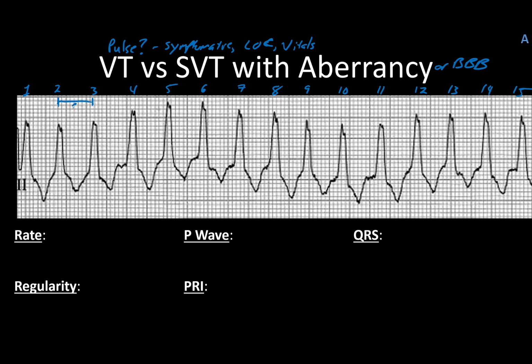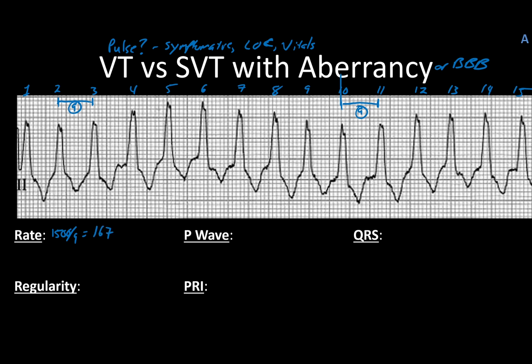And that comes out to 9. And just in case I think it looks a little bit wider, I'm going to measure between 10 and 11. And that also comes out to about 9. So if we assume that we're pretty regular, if we divide by 9, that gives us a rate of 167.